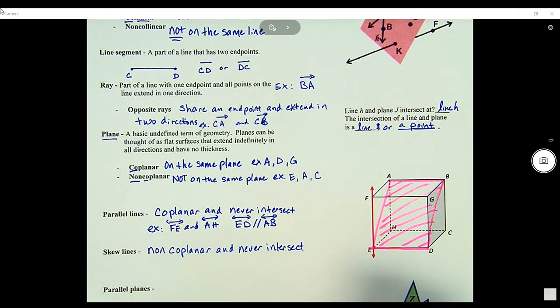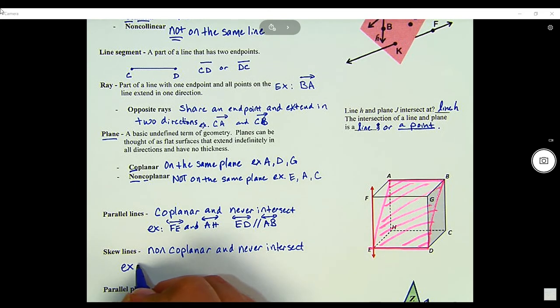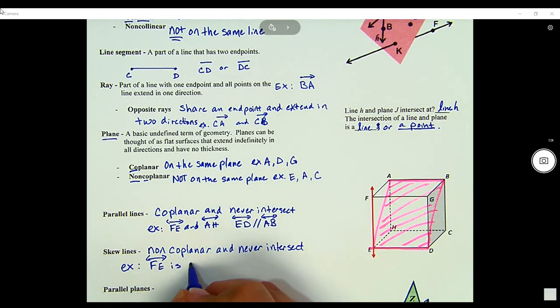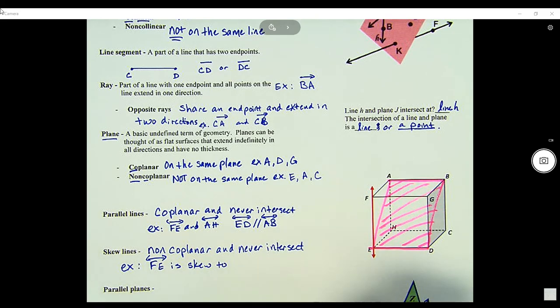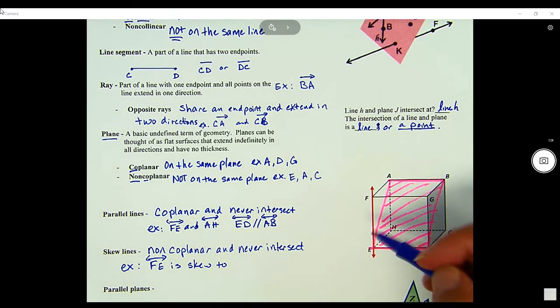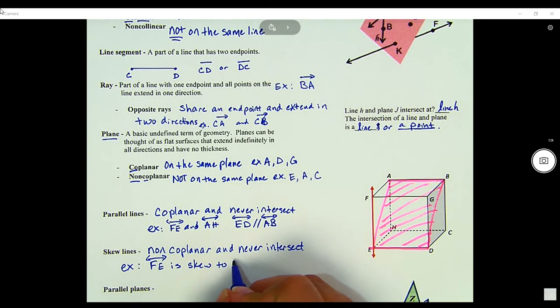So those would be, for example, FE, start with that one, is skew to BG. So this one here and that one there, they're not on the same plane, but they're never going to intersect.